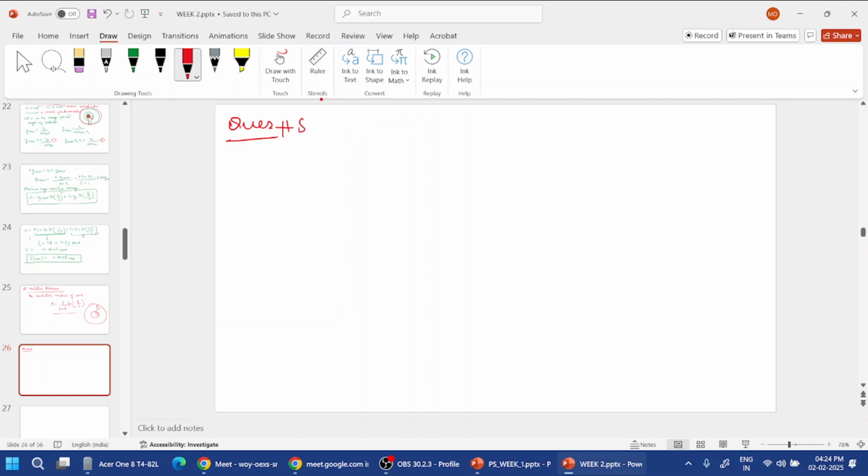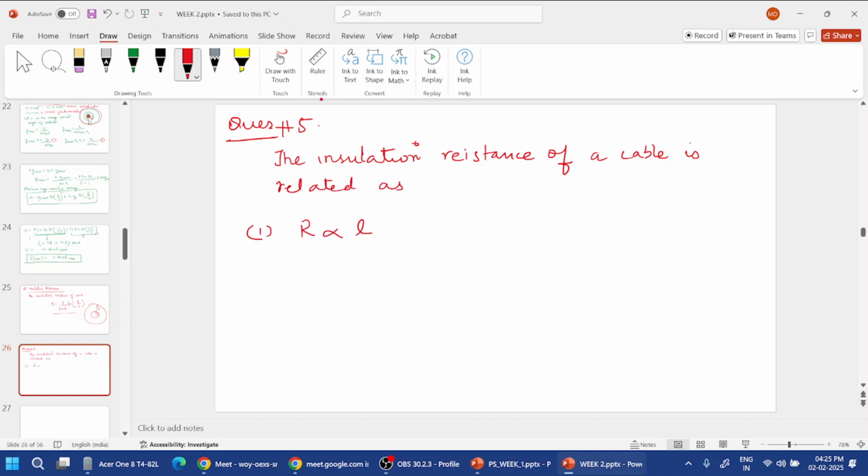Question number 5: the insulation resistance of a cable is related as: A, R is directly proportional to L; B, R is directly proportional to 1 by L; C, R is directly proportional to L square; and D, R is directly proportional to 1 by L square. So give me the answer in the chat box.